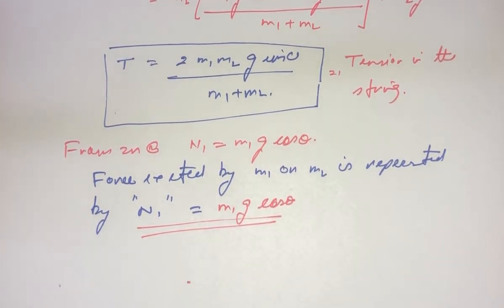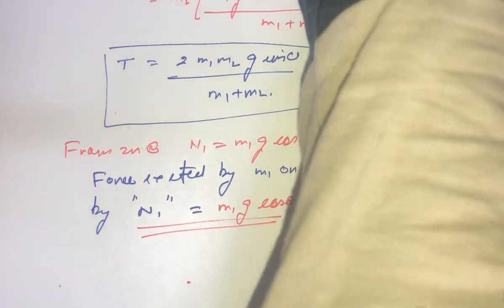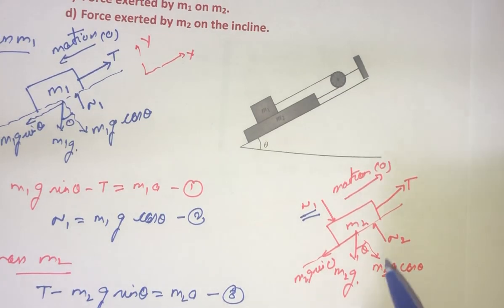And in the last part, we are supposed to find out the force exerted by m2 on the incline. So m2 and the inclined plane are exerting a normal n2 on each other.